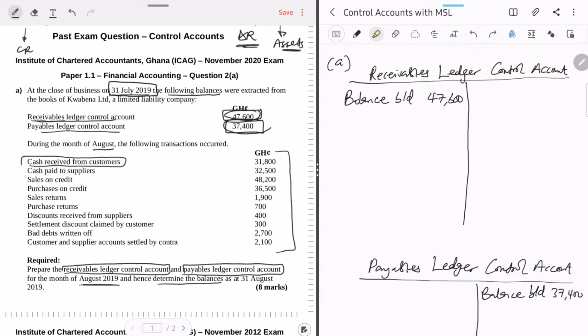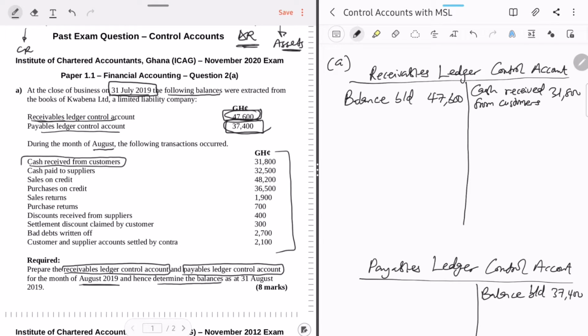So if they say we receive cash from customers, in my head, I will debit cash and then I will come and credit this account with 31,800. Then all I'll do is write the exact thing the question gave you. So cash received from customers.